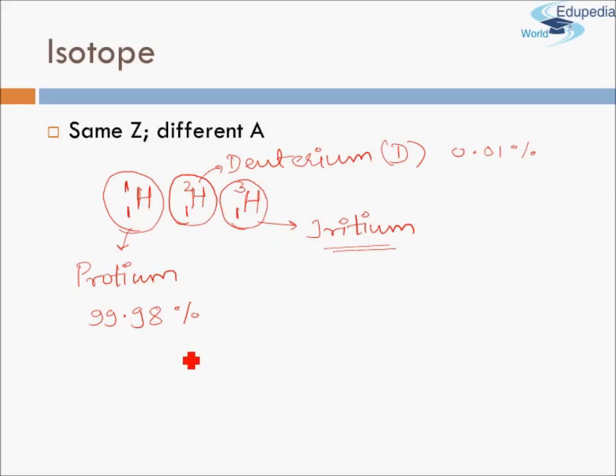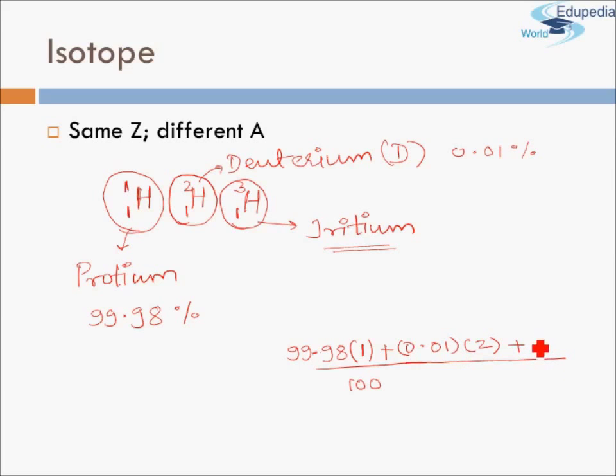For example, let's say you have a total of 100 hydrogen atoms. Out of those 100, I know that 99.98 will be present in the form of protium, which has an atomic mass of 1. Whereas 0.01 will be present in the form of deuterium, which has an atomic mass of 2, and the rest, how much is left?